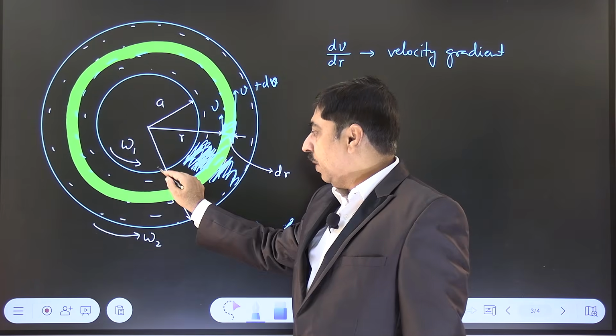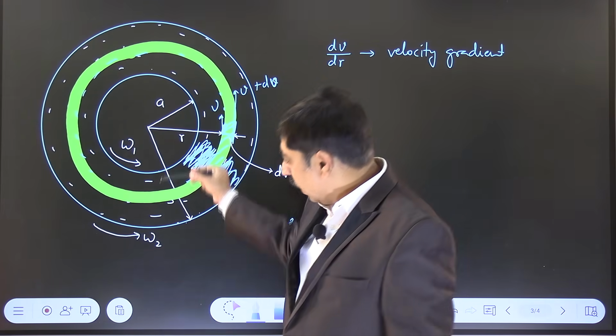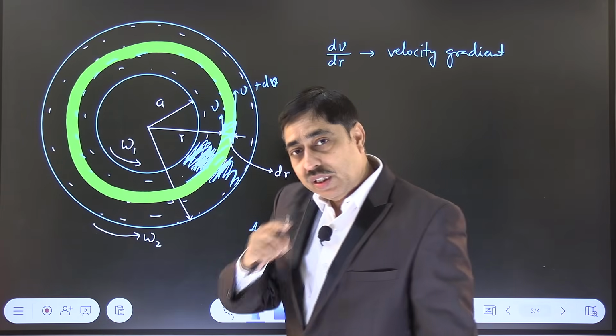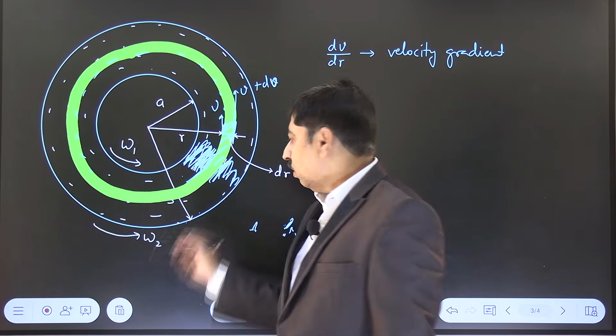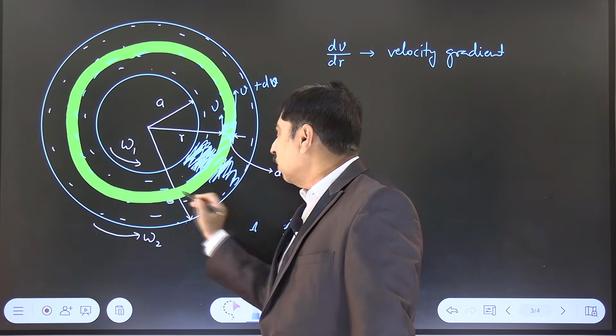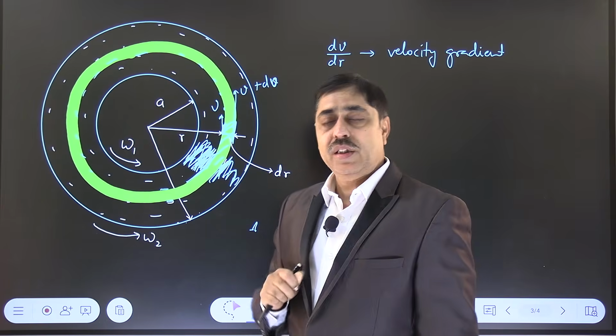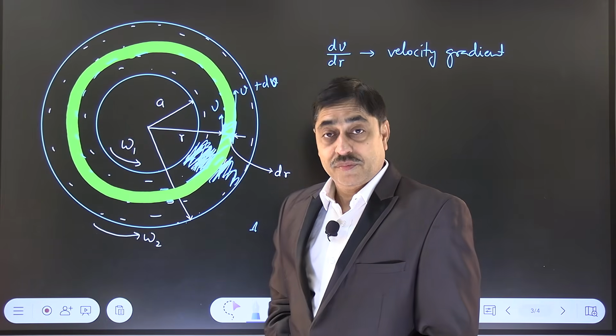If this angular speed is less and this is high, so as you move from here to here, the speed of fluid layers goes on increasing. So as compared to this, this point is moving at slightly higher speed, v and v plus dv, as I said.